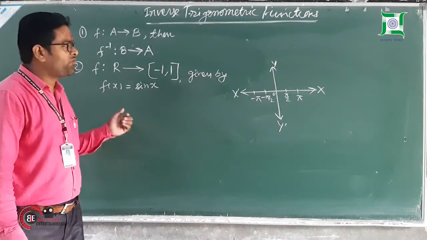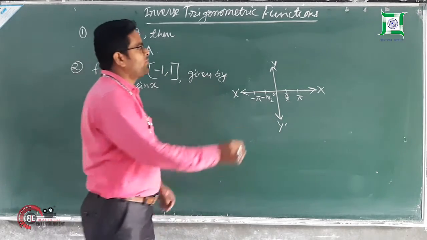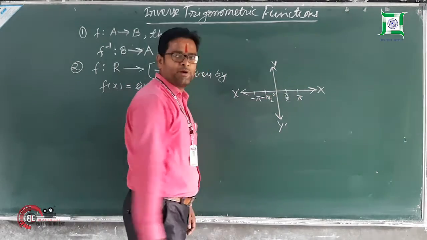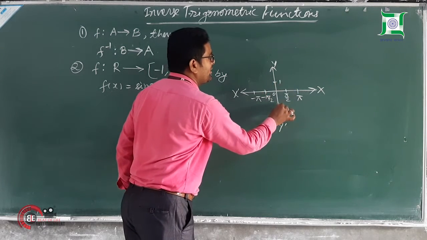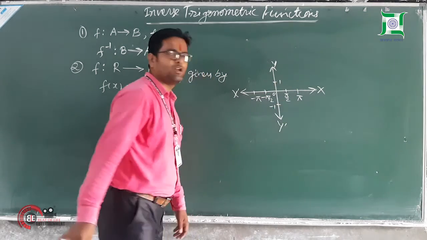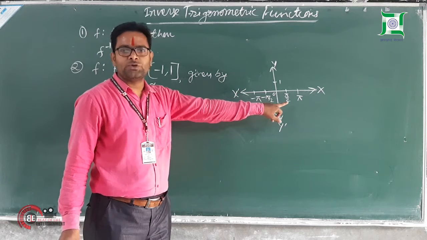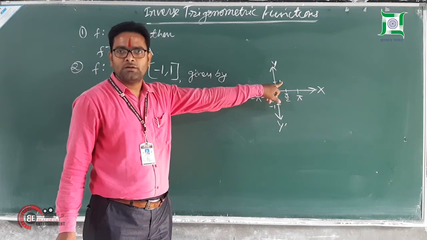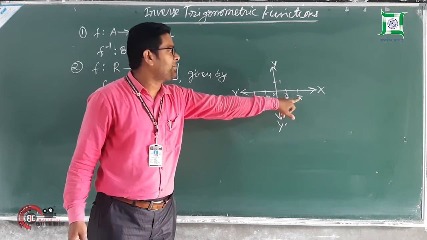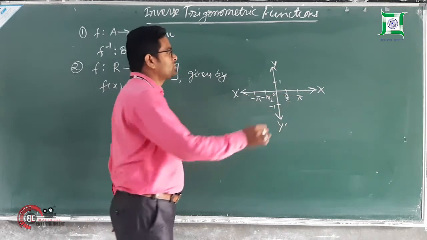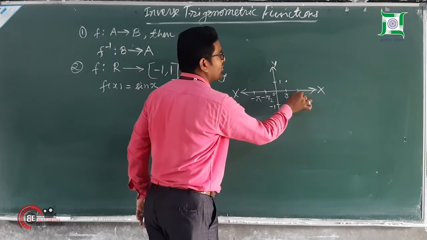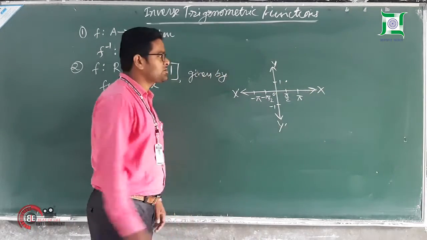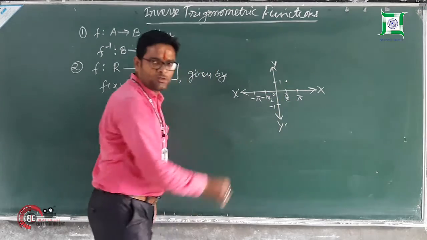Now see the values. For sine pi by 2 we have the value 1. Let us mark 1 here and minus 1 here. Sine pi by 2 becomes 1. Sine pi becomes 0. So let us plot the points.